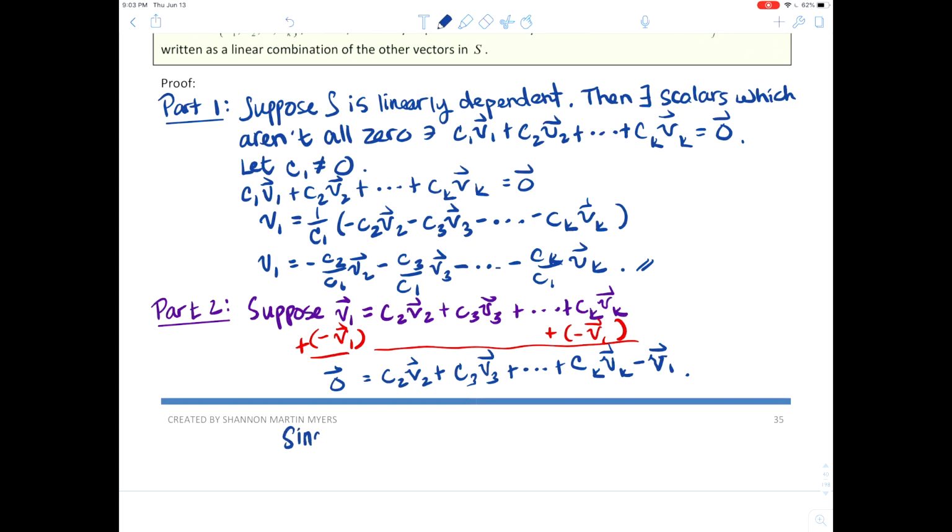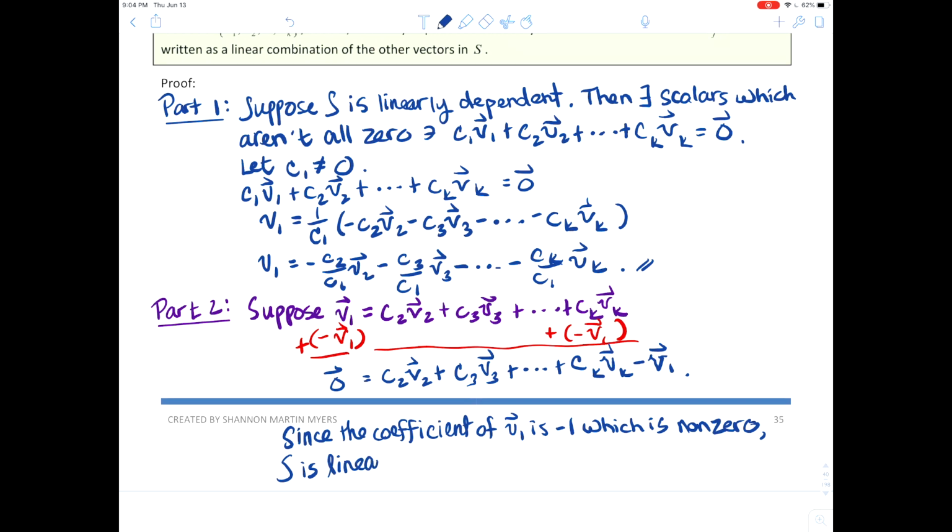Since the coefficient of the vector V1 is -1, which is non-zero, right? Non-zero. What does that tell us? Beautiful. S is linearly dependent.